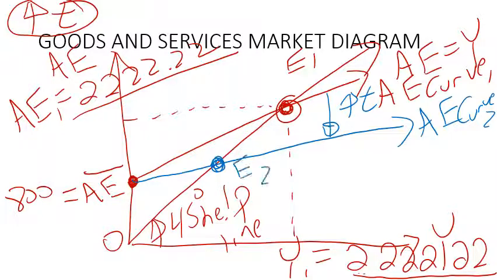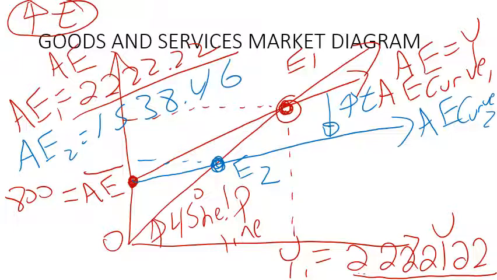It's at E2. So what does E2 tell us? E2 tells us that we now have a new level of aggregate expenditures, which is now equal to 1,538.46. So what happened to aggregate expenditures?